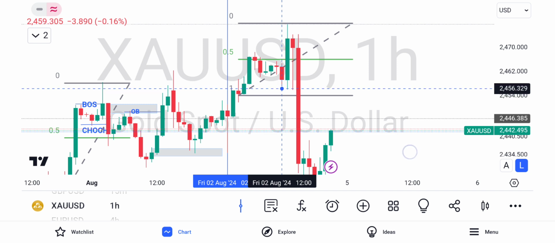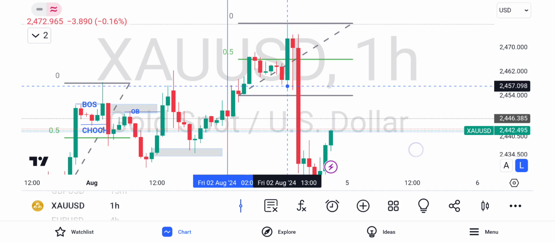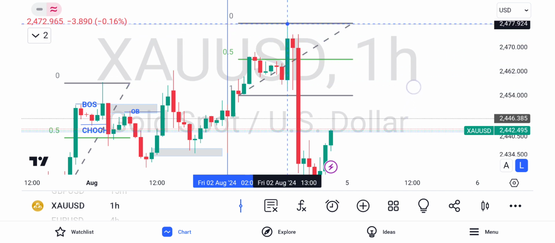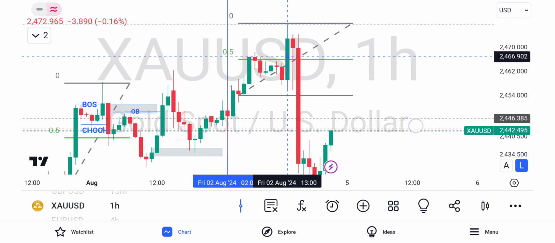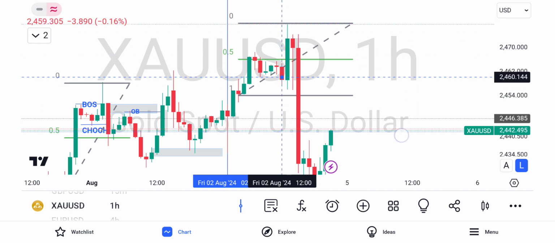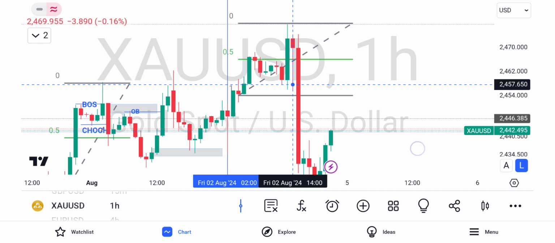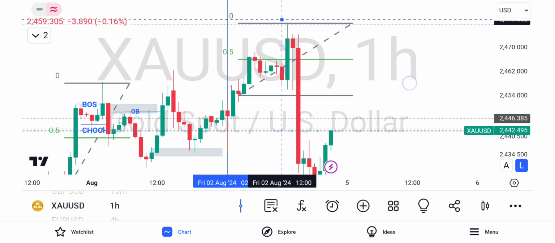That was where price retraced down to exactly 56, and NFP's announcement gave price the ability to shoot to this point. No trade was taken from this point to this point, no trade.